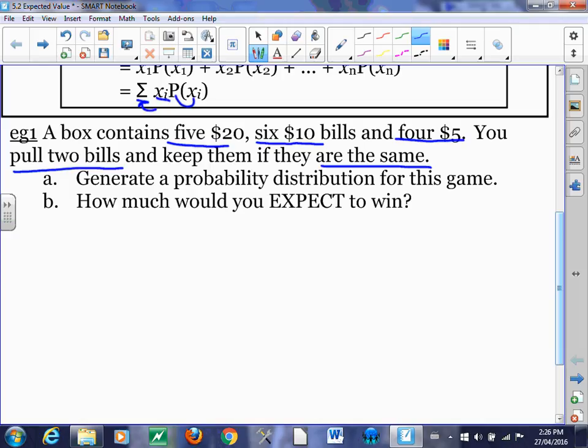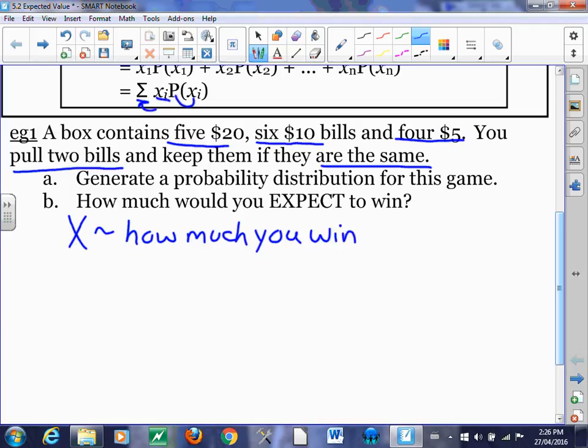Generate a probability distribution for this game. Hopefully I pulled 2 20s out because that's pretty good. What we're looking for is our random variable, which is how much you win.